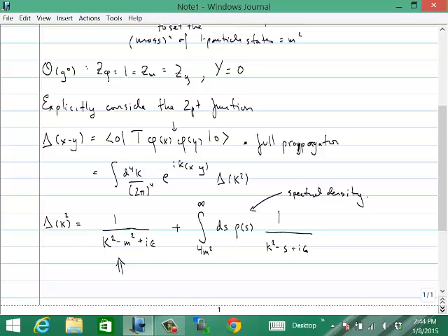Now, in order to proceed, let me first think a little bit more carefully about what it is we need to impose when we impose our physical normalization conditions. So remember that our physical conditions were that, first of all, the one-point function of phi had to vanish. That set this coefficient y.